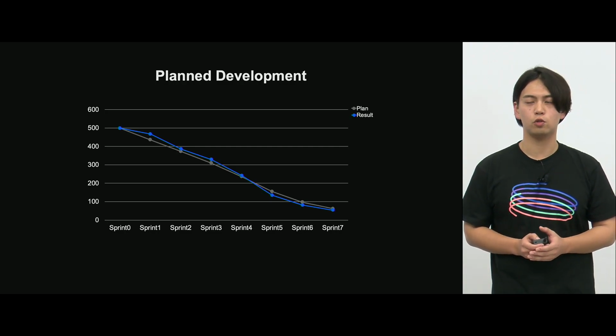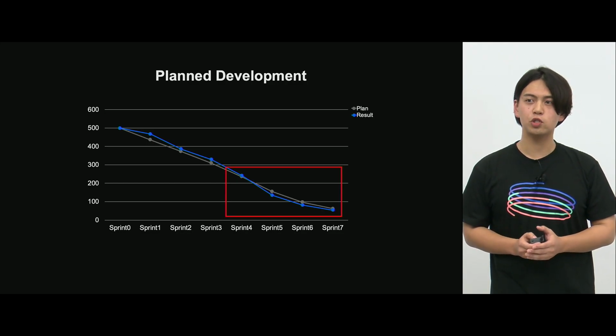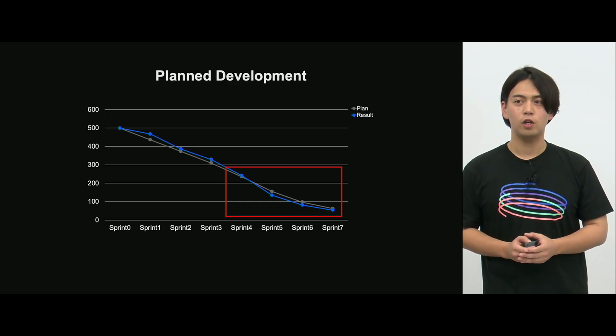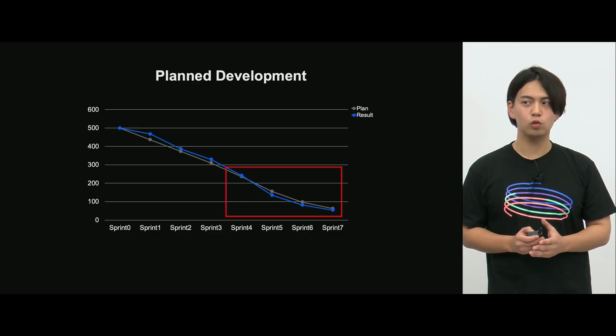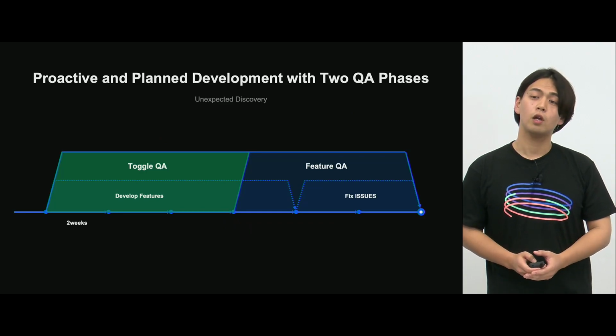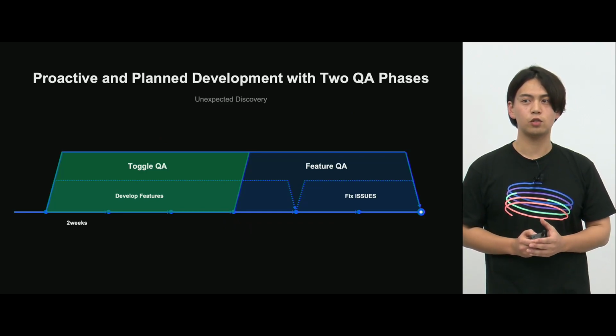Looking at the result, we don't have much gap between the actual and the plan. And towards the end of the development period, our speed went faster because the number of issues that happened was lower than we expected.